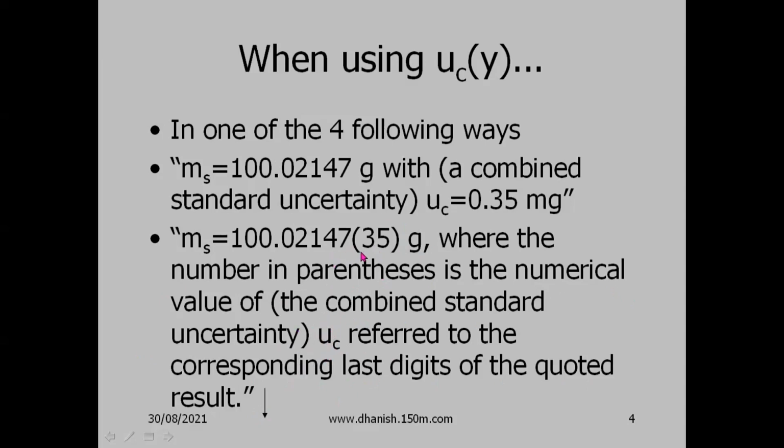The decimal place is not given. This 35 corresponds to the last two digits of this result, that is the position of 47, that is 0.00035. Okay, so this is the same result expressed in another fashion.